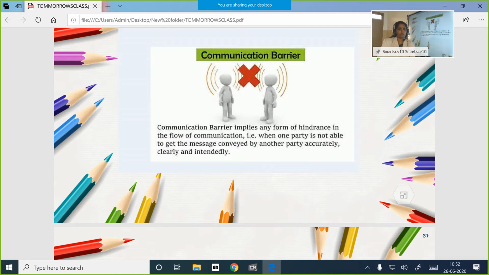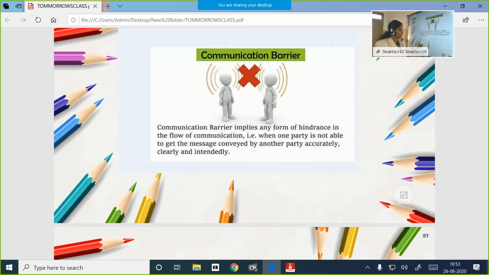So we are going to study what are the barriers that prevent us from communicating with other people. It is the hindrance in communicating between two or more people in the flow of communication. That is called the communication barrier.